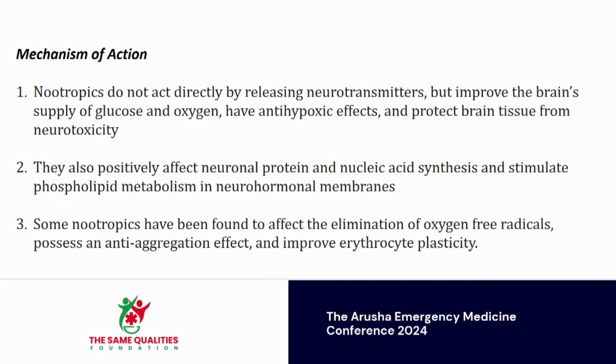As for mechanism of action, they do not make you smart by releasing some sort of neurotransmitter, no. But they do have mechanisms of action that at the end of the day increase blood flow to the brain and increase glucose to the brain. A lot of them have some sort of antioxidant effect, and a lot of them have some sort of brain protection effect.